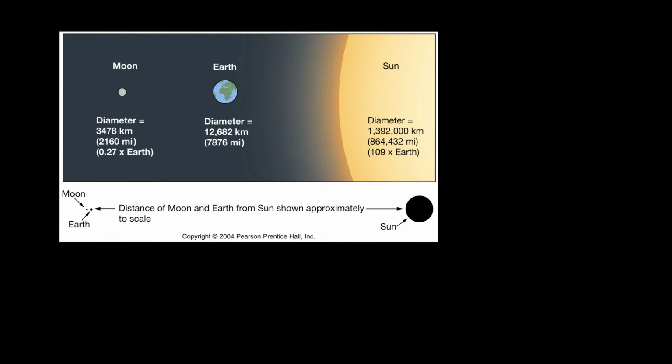So first off, let's compare the size of the sun with the size of the moon, and we're just going to take a ratio, because it might be easier to understand how all of this works if we understand ratios.